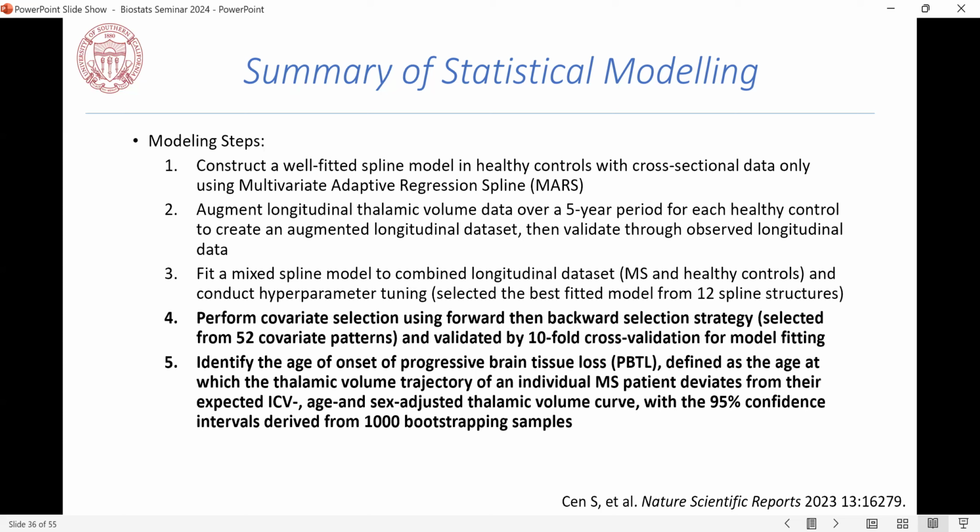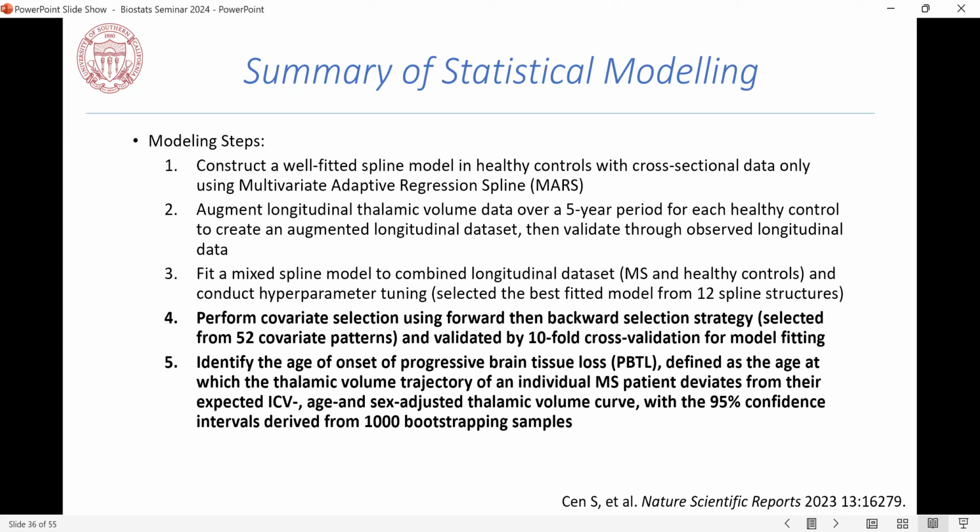And the last one, number 5, is how you create the product. So my product is to define the age of onset of progressive brain tissue loss. We define it as the age at which the thalamus volume trajectory of an individual MS patient deviated from their expected control.